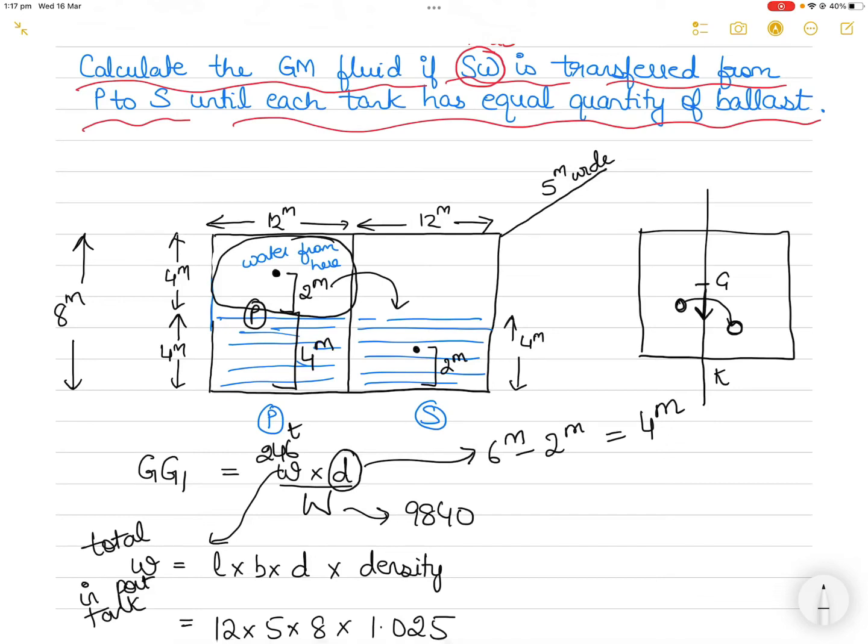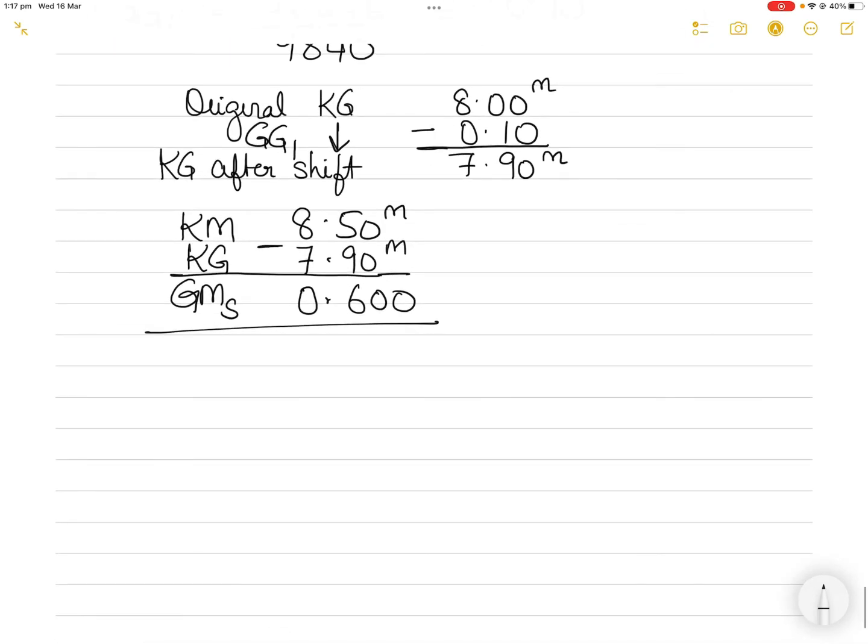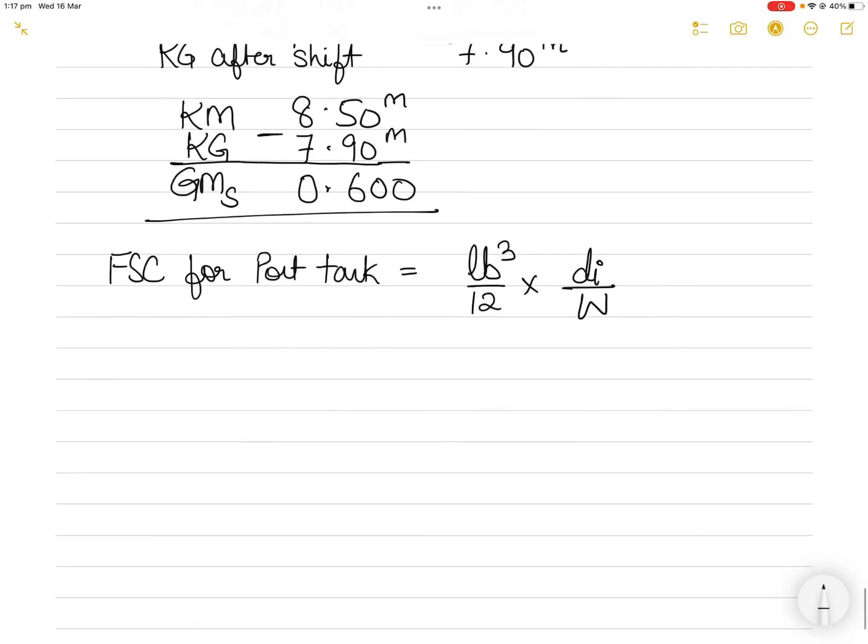So there are two tanks here, so I have to calculate the free surface effect of both tanks, or we can calculate for one tank and then multiply it by 2. All right, so free surface correction for the port tank will be lb cubed by 12 multiplied by density of the liquid in the tank divided by displacement of the ship. lb cubed by 12 means length of the tank multiplied by cube of the breadth of the tank divided by 12, which is a constant.